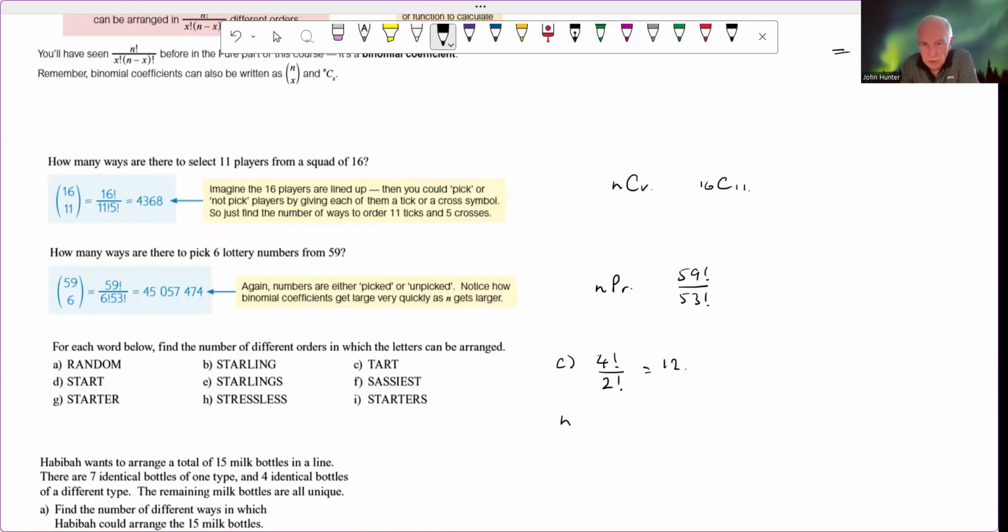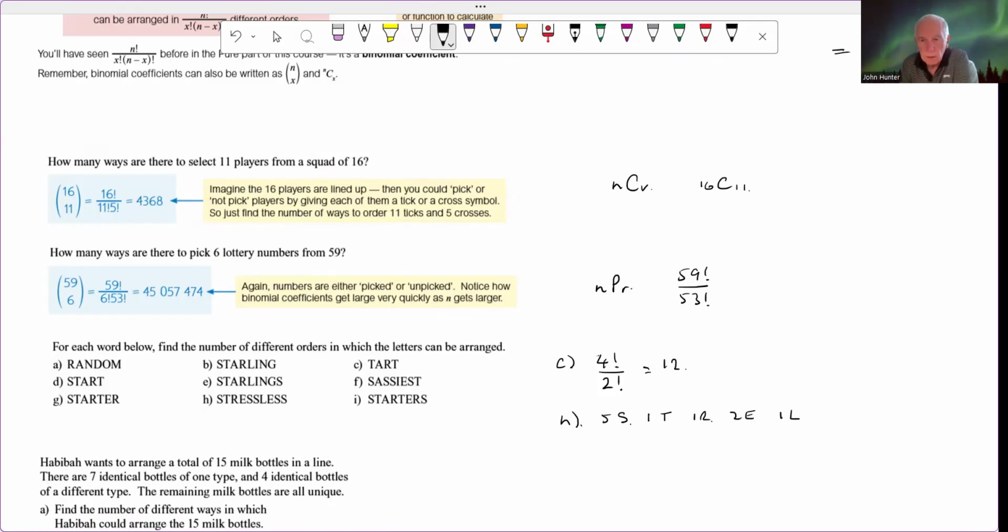Stressless. Let's have a look at stressless. So what have we got? We've got 1, 2, 3, 4, 5 S's. We've got 1 T. We've got 1 R. We've got 2 E's. We've got 1 L. That's 1, 2, 3, 4, 5, 6, 7, 8, 9, 10 letters.